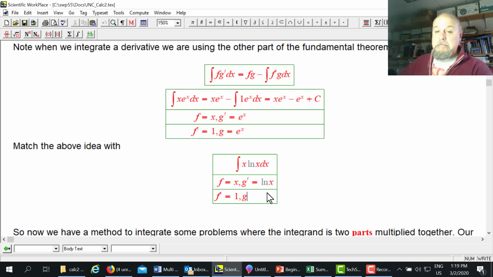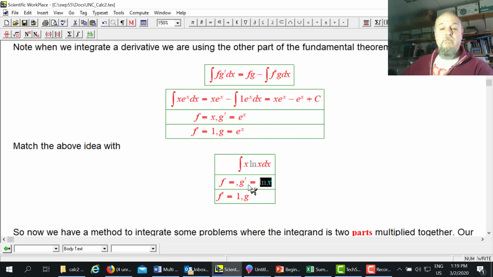So switch them then. Because I can differentiate ln, instead of differentiating the x, I'm going to differentiate the ln x. So I'm switching parts.